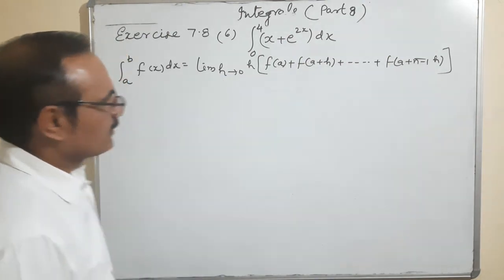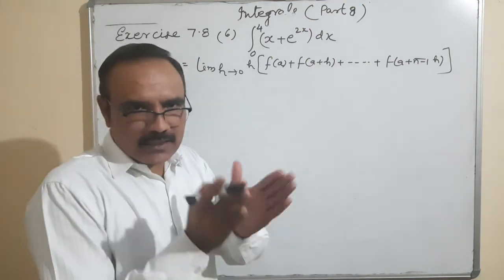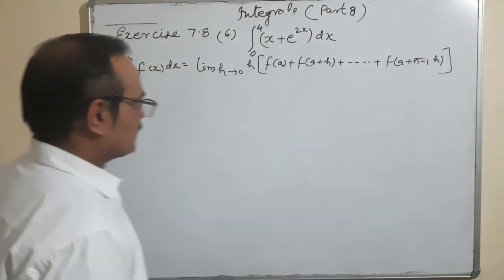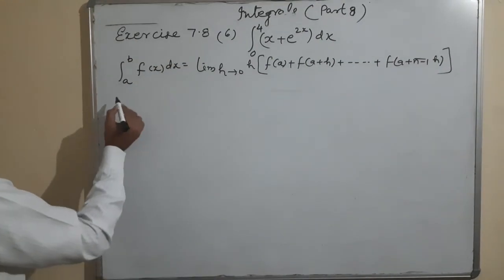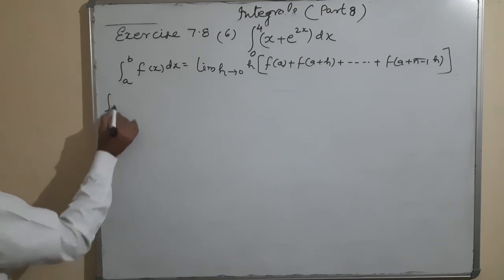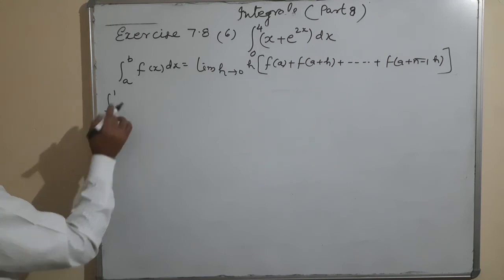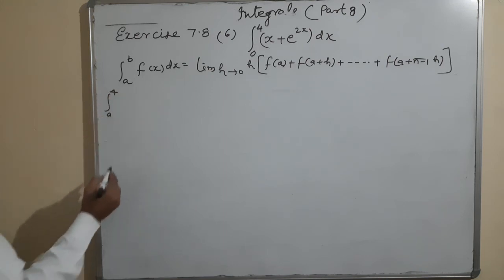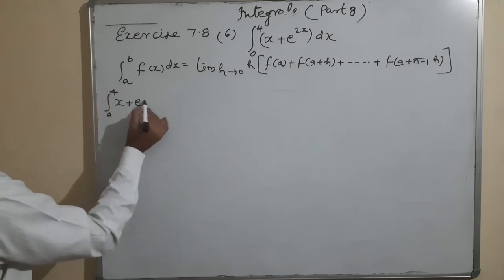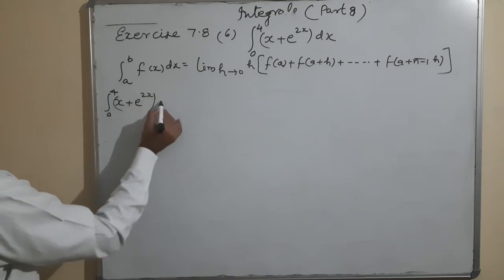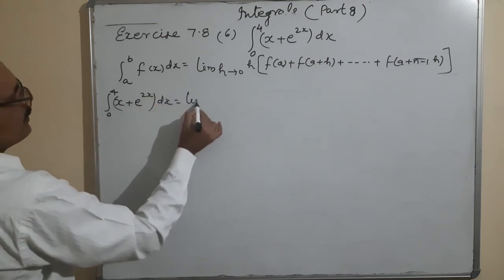Same thing, because the value of h is decreasing, the number of pieces is increasing. Limit 0 to 4, x plus e to the power 2x dx is equal to.